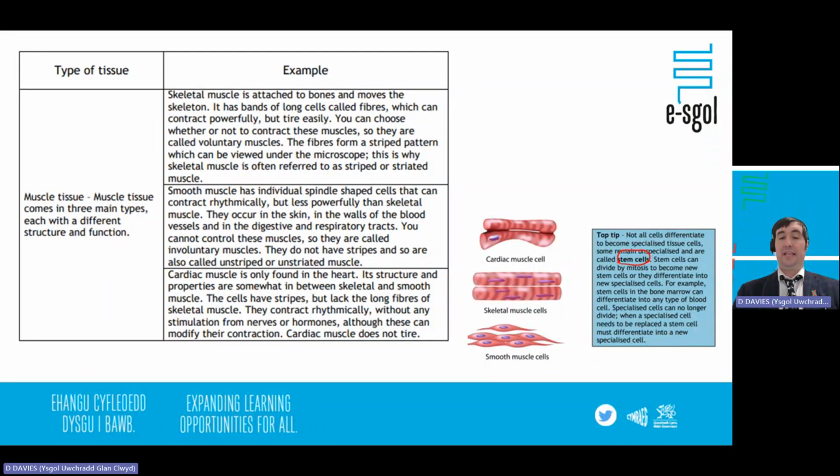It's not possible for them to differentiate into, say, new organs. If you had liver failure, those stem cells wouldn't grow a new liver for you. But that is quite a young technology, and hopefully one day there may be that potential.